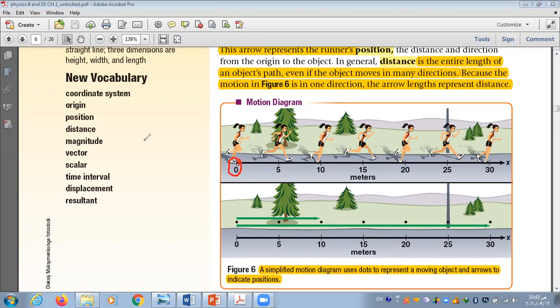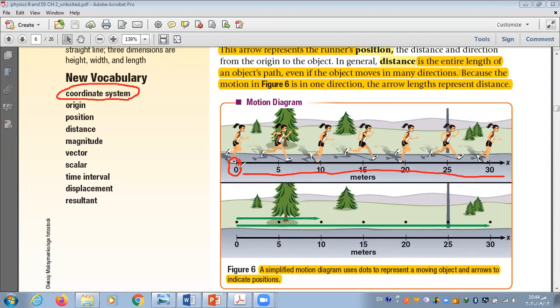This origin is a part of a system. What is the name of this system? Its name is coordinate system. You are trying to measure the distance, so you will use meters here.